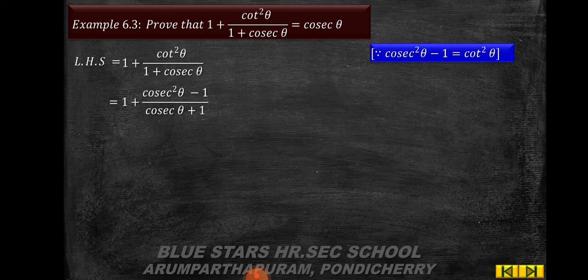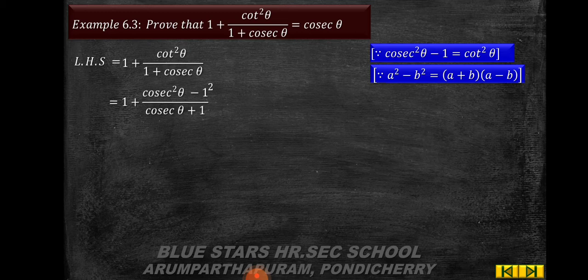We just change the position of 1 and cosecant theta. So 1 square is nothing but 1. Next we take the formula A square minus B square is equal to A plus B into A minus B. Substitute the formula in the numerator.